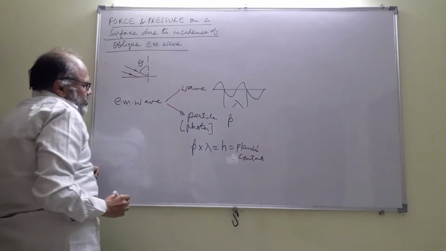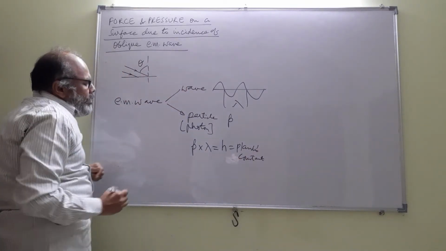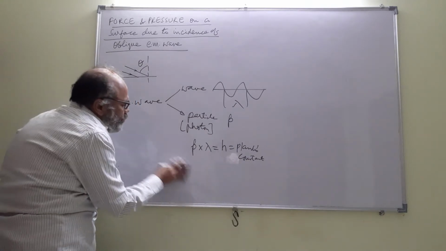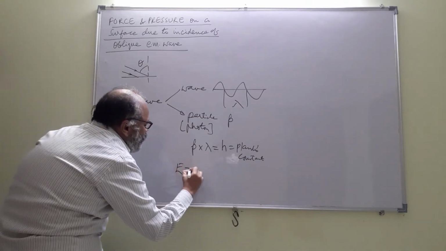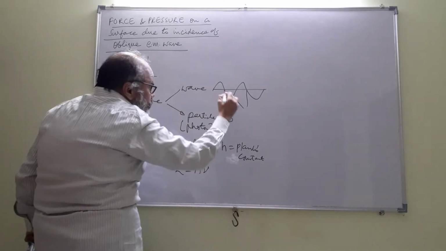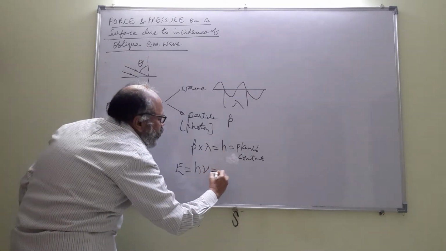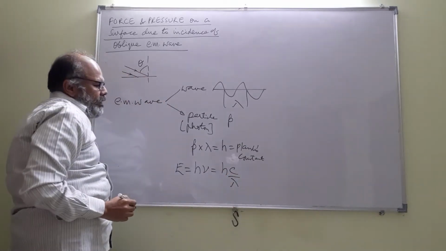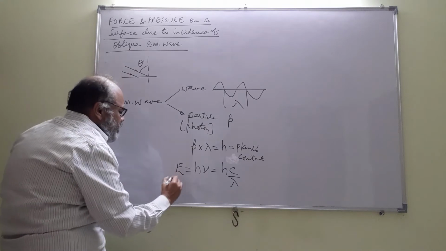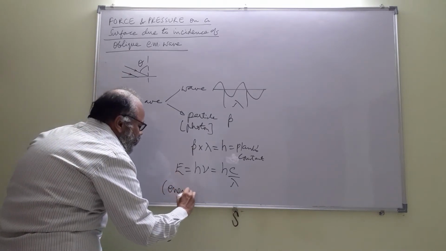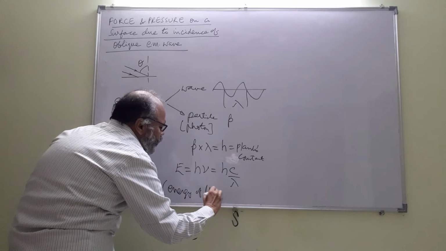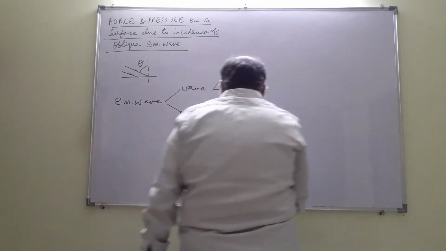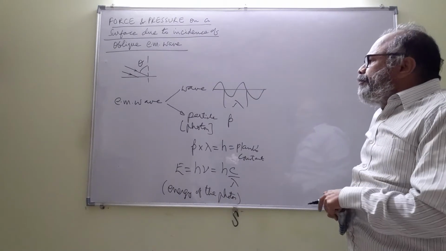And the energy of the photon is h nu, where nu is the frequency of the wave, or nu is c by lambda. So the energy of a photon, E, is given by hc by lambda.